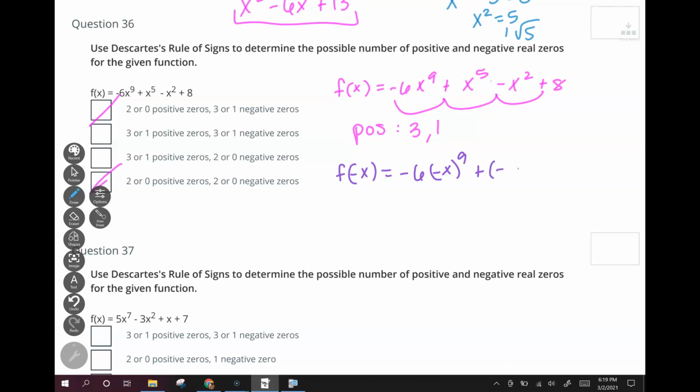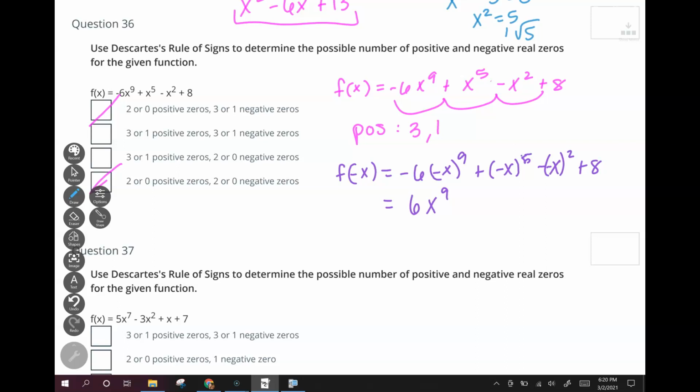So negative x to the 5th minus x, negative x squared plus 8. Now, negative 1 to the power of 9. Anytime you raise a negative to an odd power, the negative is going to stay. So that's going to be negative 6 times negative 1. That becomes positive 6x to the 9th.